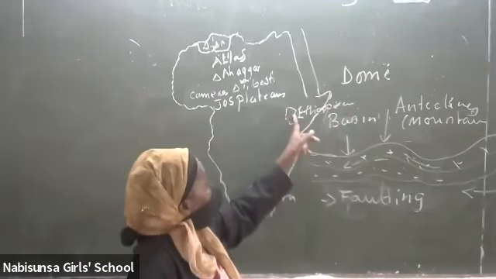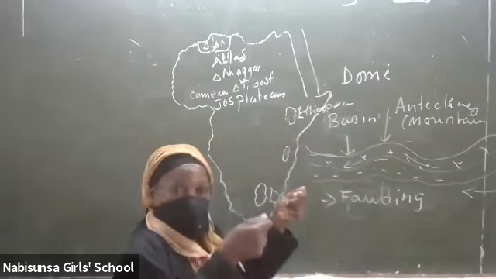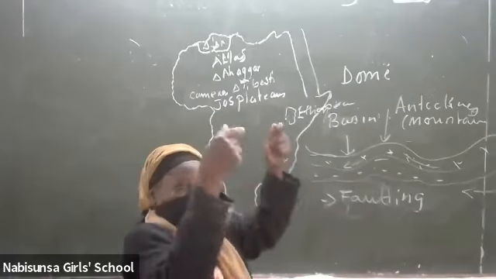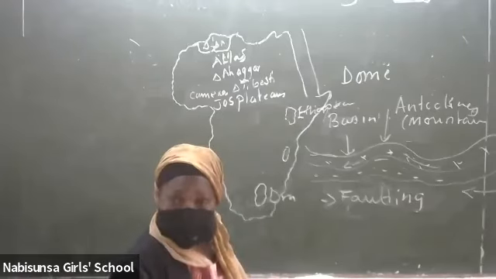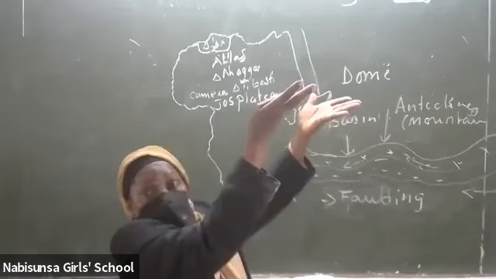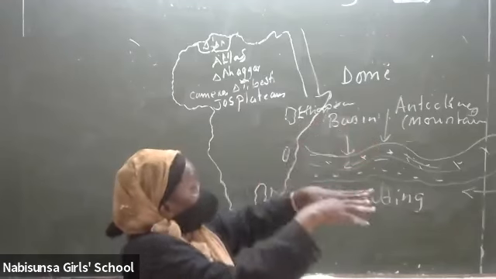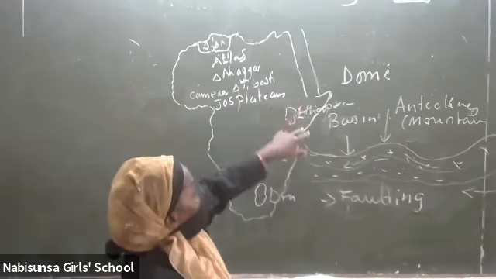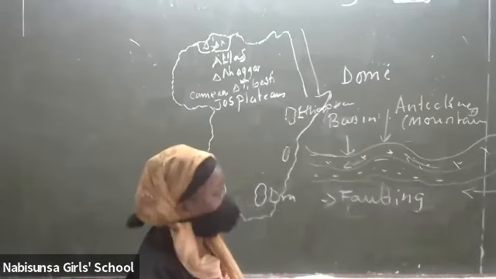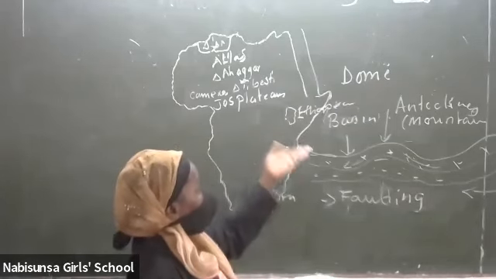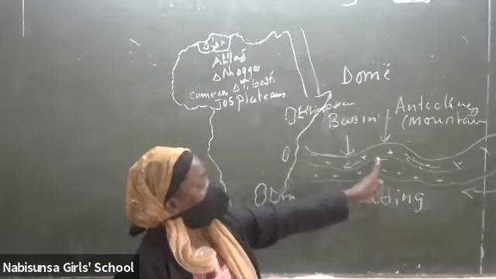So these Ethiopian Highlands, when you look at them, they were exposed onto the surface through another process which pushed them up. Initially, these domes were inside. But within the Earth's interior, there are processes, which is folding.